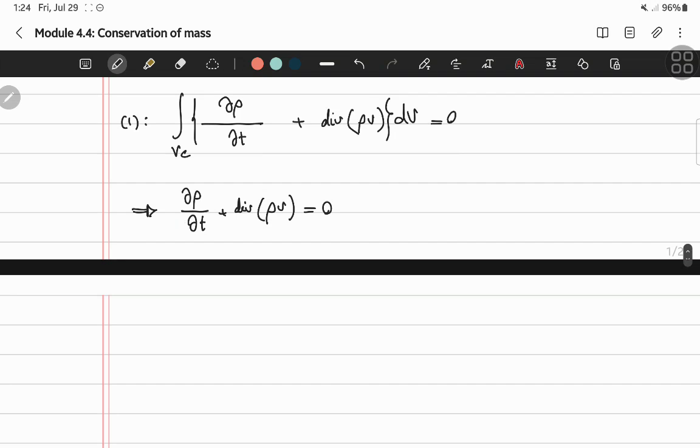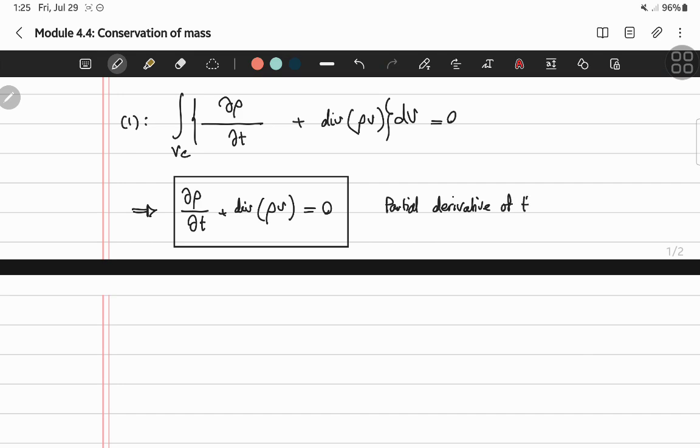And this is basically the partial derivative form of the conservation of mass. So we call this the partial derivative form of the conservation of mass. And of course, it is in the deformed configuration.